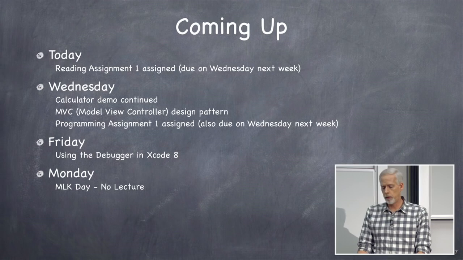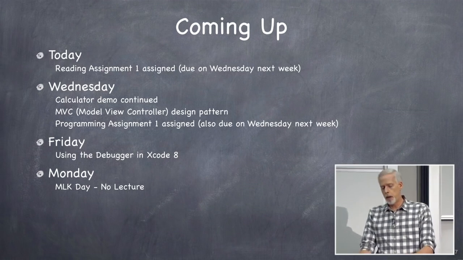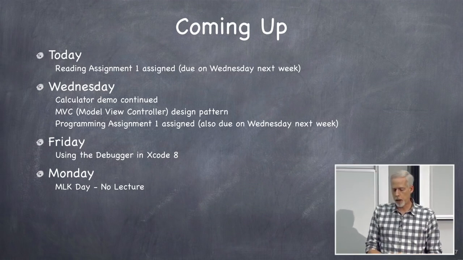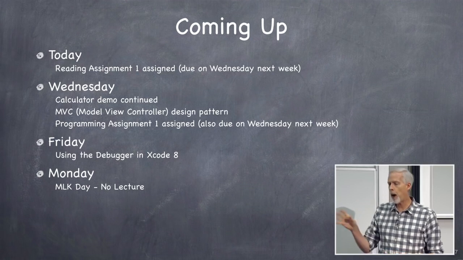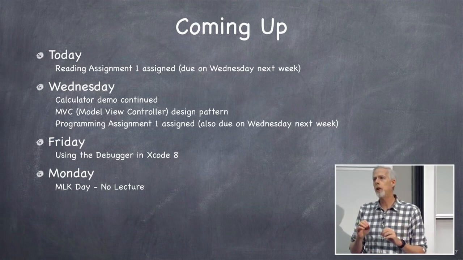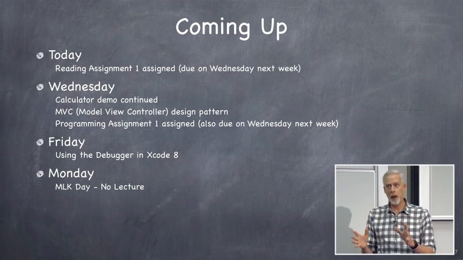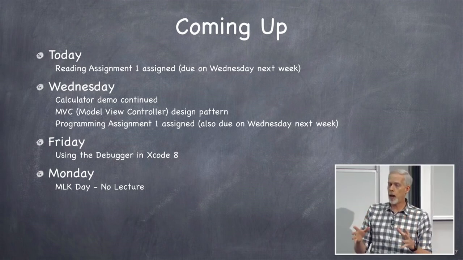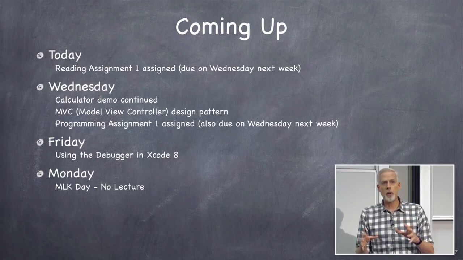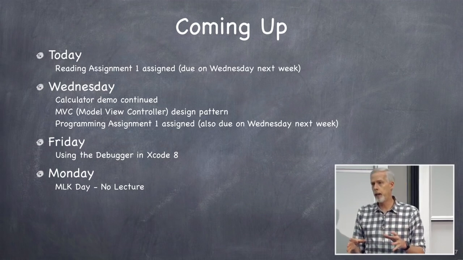I'll give you a video of the demo, so you'll be able to watch it. And then on Friday, we have an optional section. The Friday sections in this course, you don't have to go to if you don't want to, but a lot of times they're very valuable. So if you have not used the debugger in Xcode 8, you really might want to go to Friday's section.